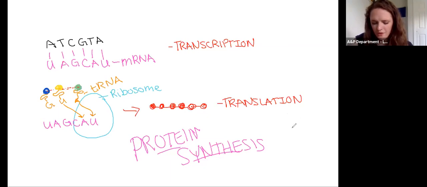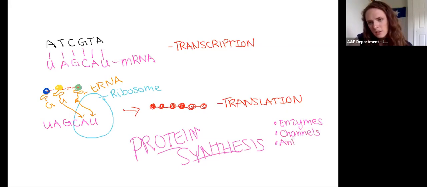Okay, one thing to know under translation, it says proteins. You will have a question that kind of goes over, it's kind of a review question. Remember, enzymes are proteins. Channels, like we talked about earlier, are proteins.